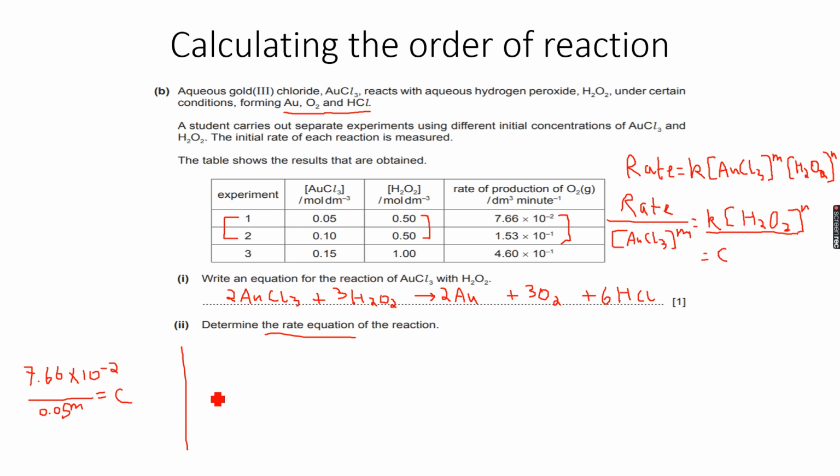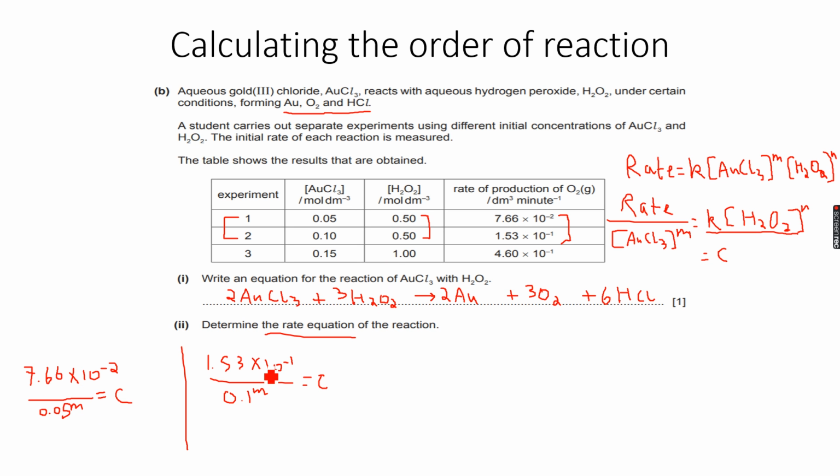And now if I take experiment 2, I know that 1.53 into 10 to the power of minus 1 over 0.1 to the power of m is also equal to c, because it's constant. The concentration of H2O2 to the power of n times k is constant for both these reactions, because k is a constant and H2O2 remains constant in experiments 1 and 2.